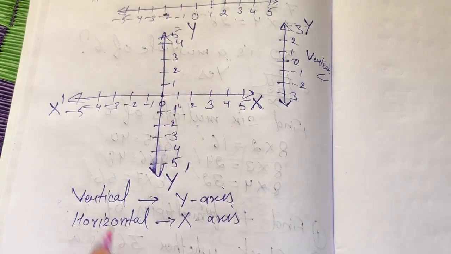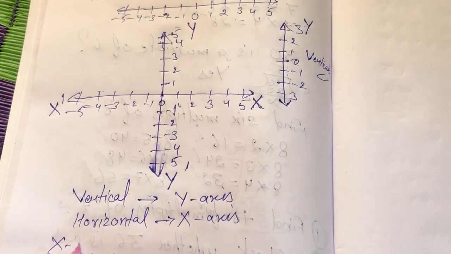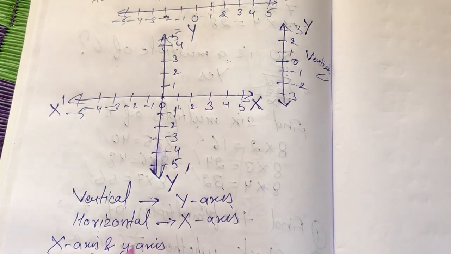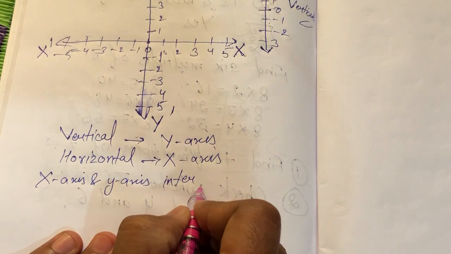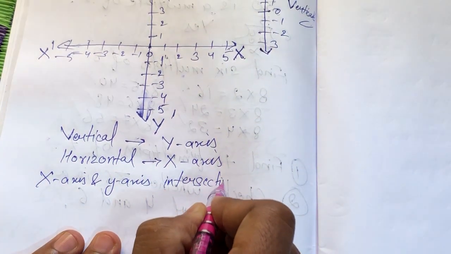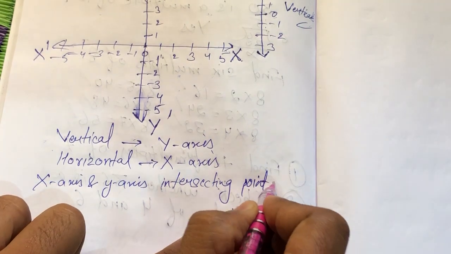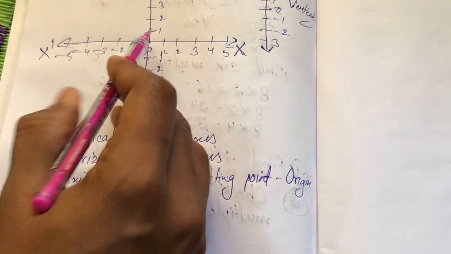You can see the X axis and Y axis intersecting point is called the origin. This is the origin.